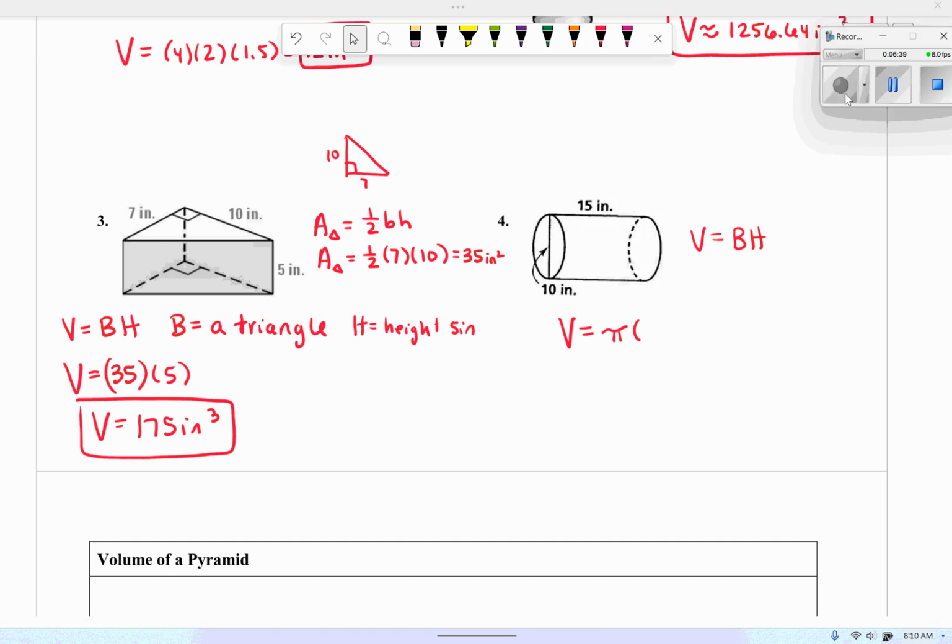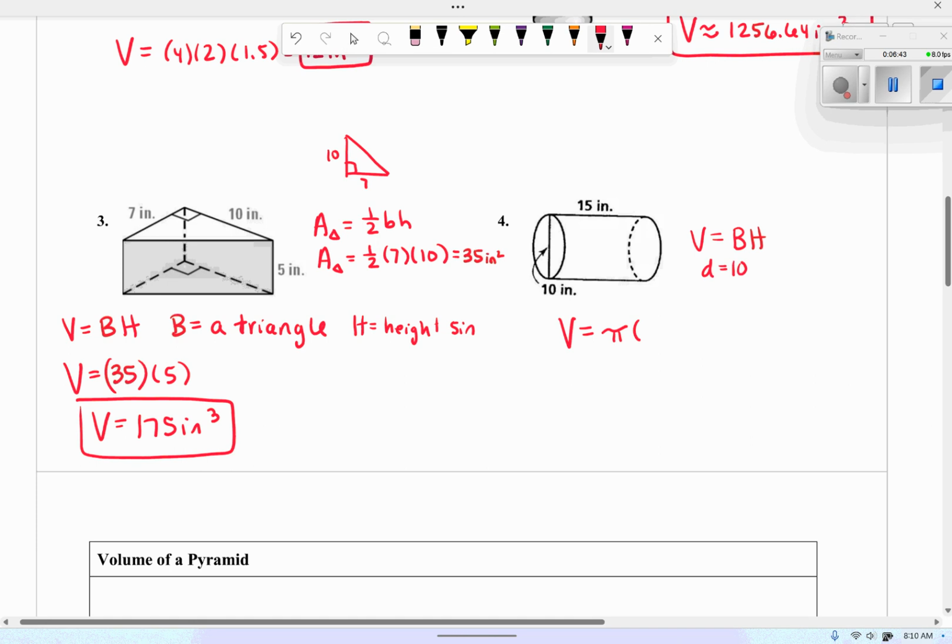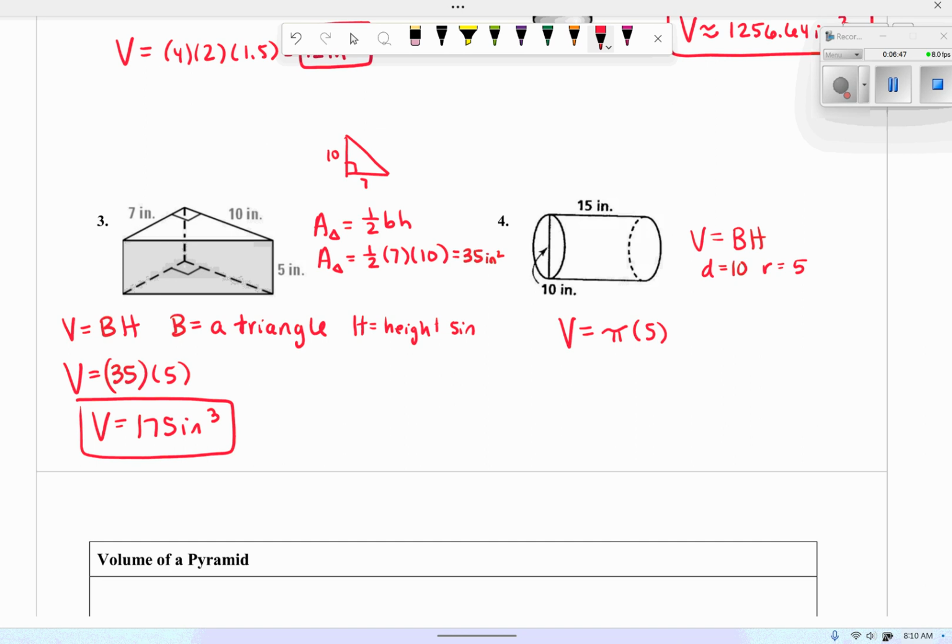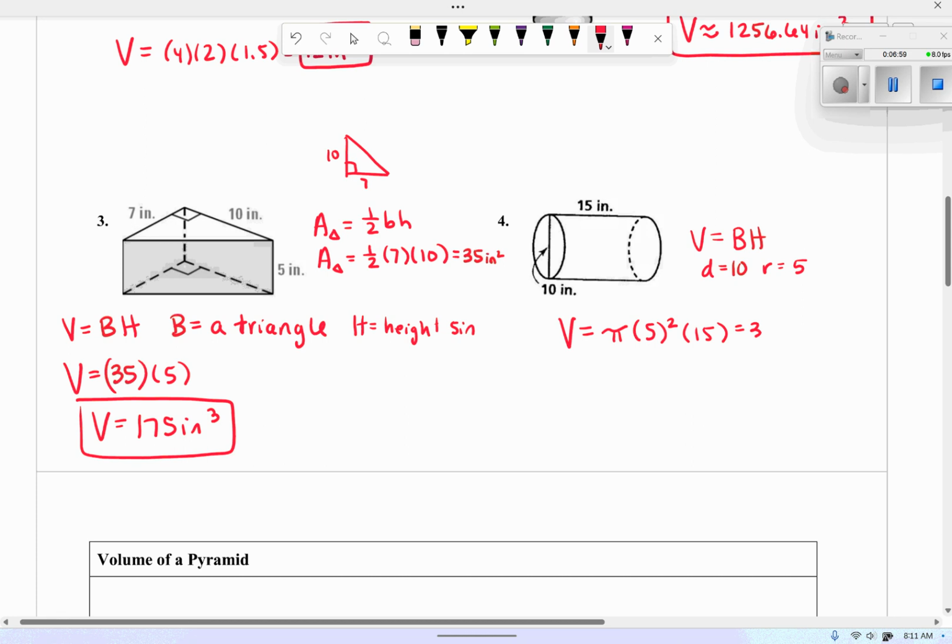So that means then if the diameter is equal to 10, the radius would be equal to 5. So this would be 5 squared. So pi r squared times the height, which is in this case 15. It's just on its side here. So that gives us 375 pi cubic inches.